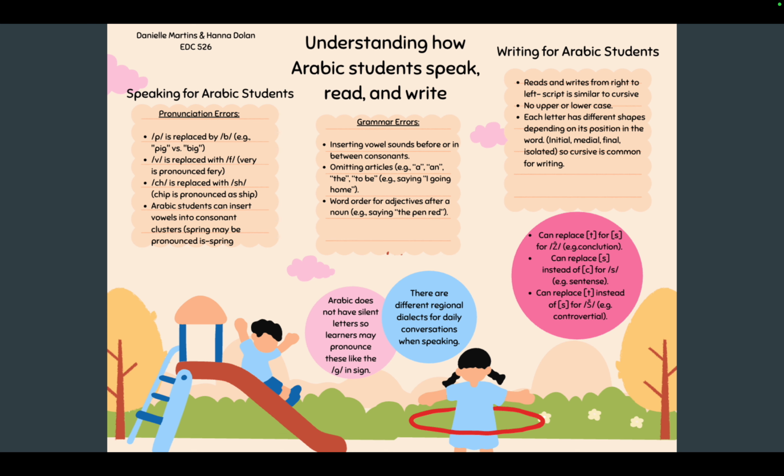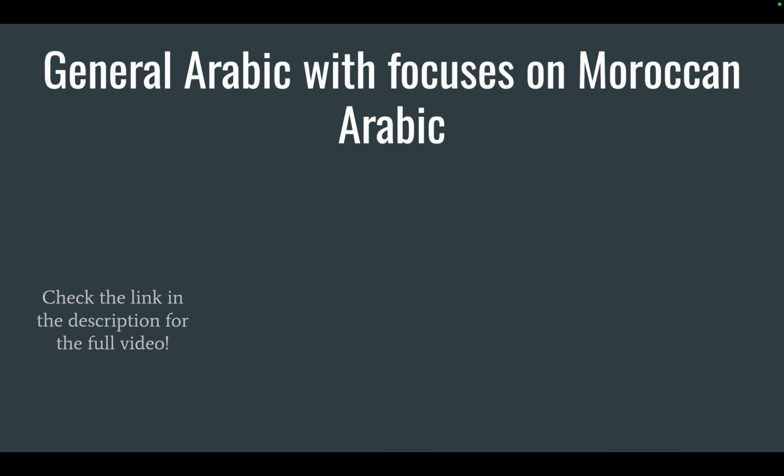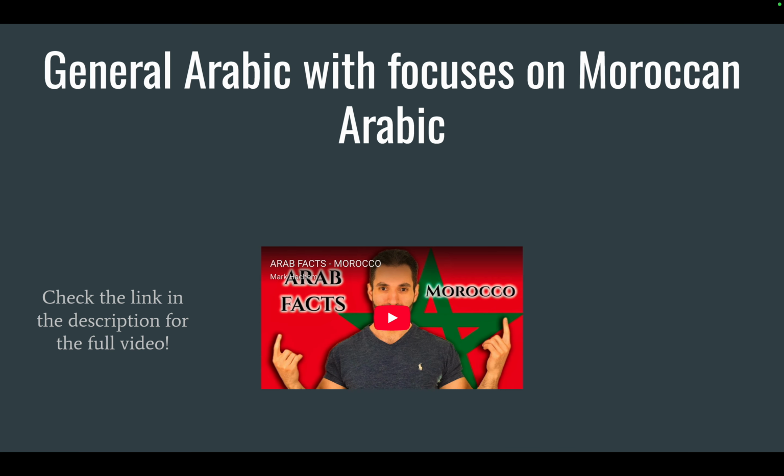With this, teachers can get a better understanding of how to approach their Arabic students and families with respect and confidence. They should understand mistakes students can make and hopefully educate classrooms and peers on how to interact and teach Arabic students.